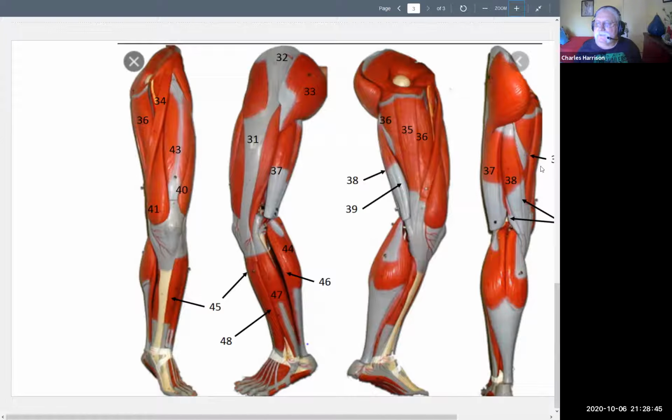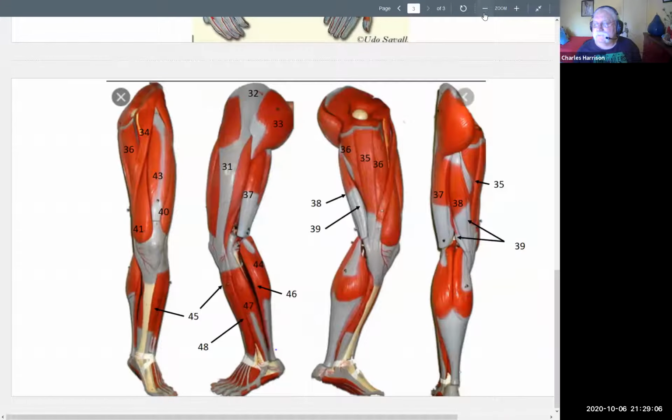On the posterior side, 37 and 38 make up these two exaggerated muscles in the upper thigh, the biceps femoris and the semitendinosus. Okay. Number 39 on each side and running underneath number 38, running underneath the semitendinosus, is the semimembranosus.